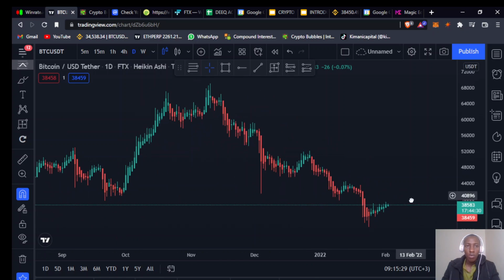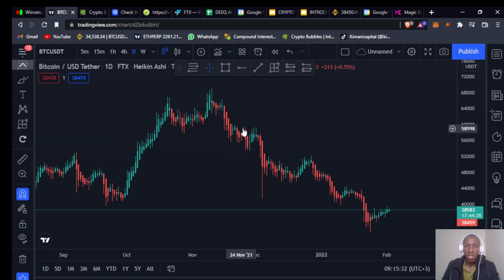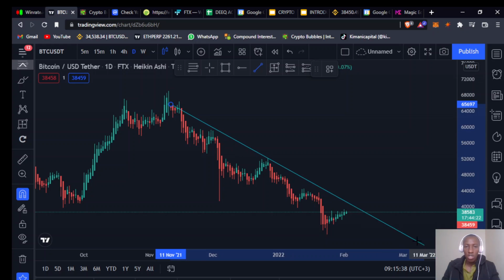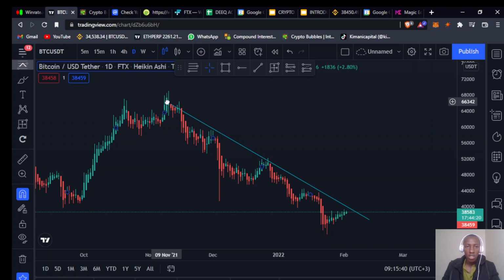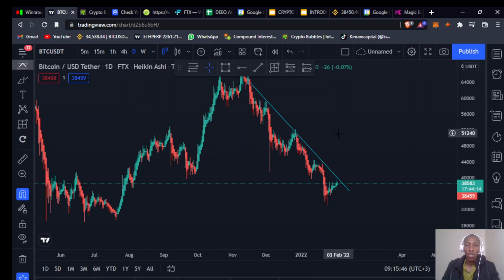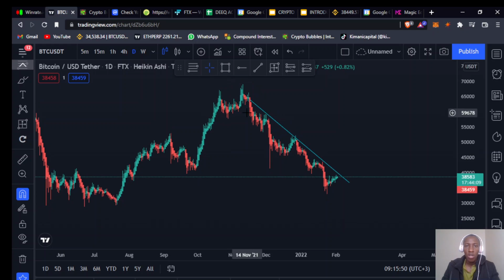So we can see right here when you go to the daily time frame, we're still in a very strong downtrend, and it's denoted using a trend line. You use a trend line to denote such trends. So how do you identify a trend? We see a consistent line where price comes and bounces off it.